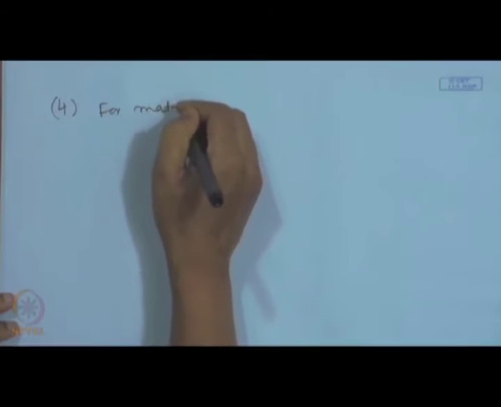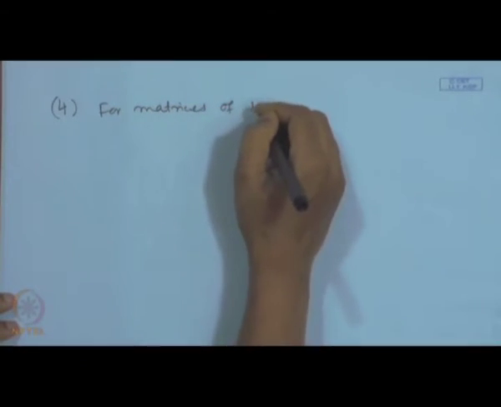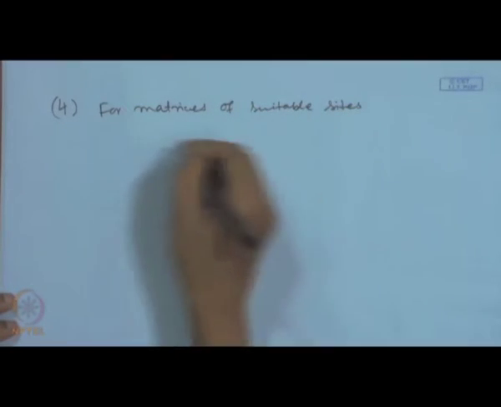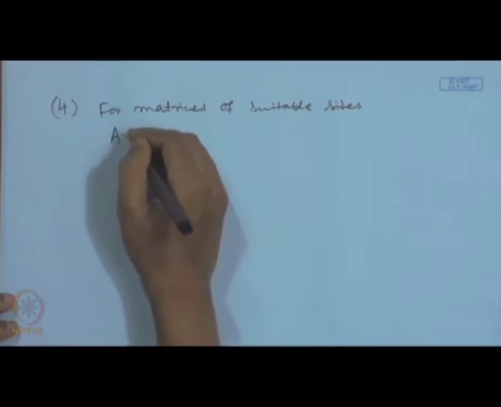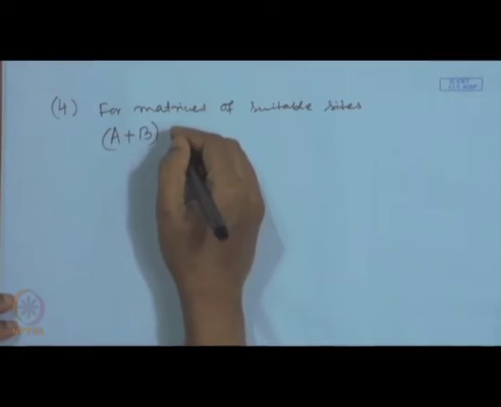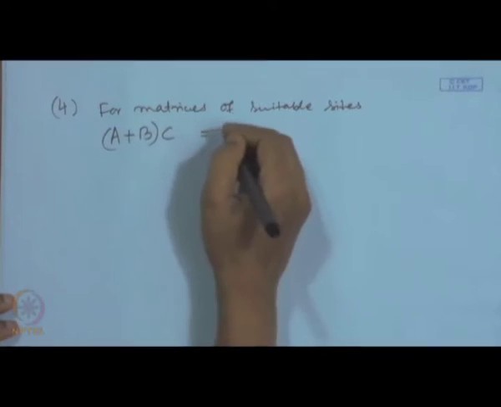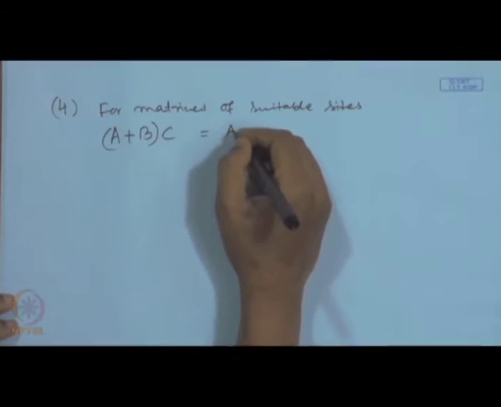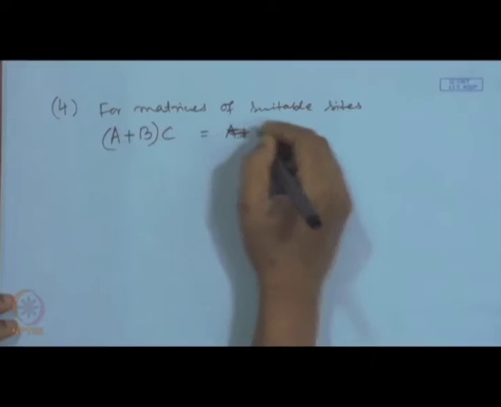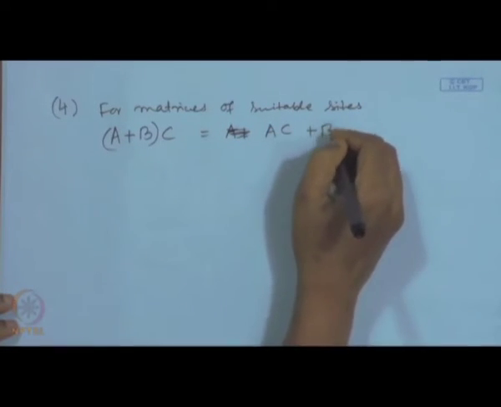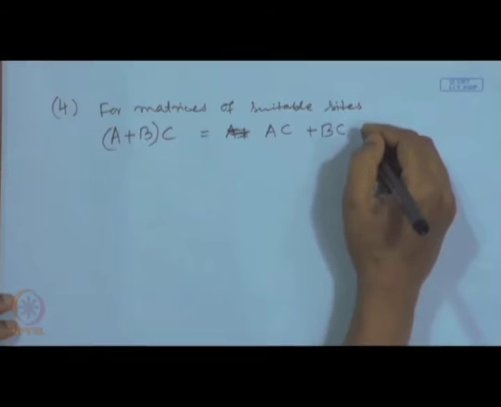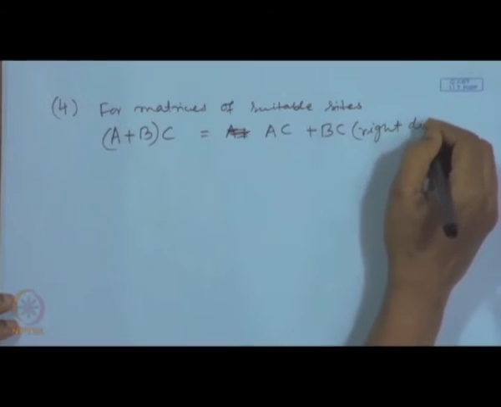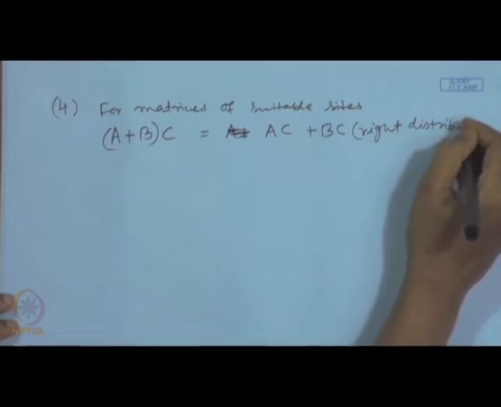For matrices of suitable sizes, (A plus B) dot C is equal to AC plus BC. This is called right distributive.